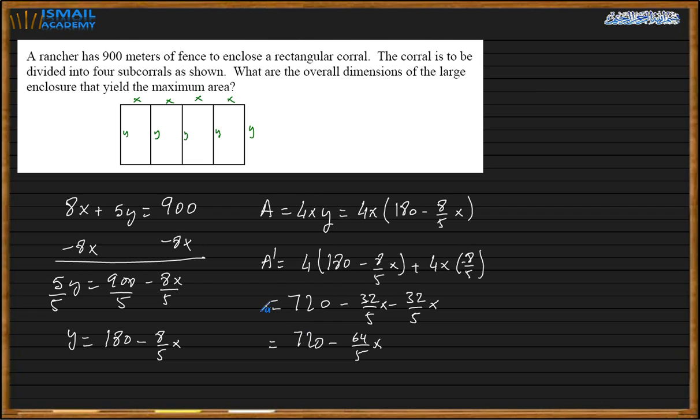So A prime equals 0. 720 equals 64 over 5 x, so x equals 720 times 5 over 64.